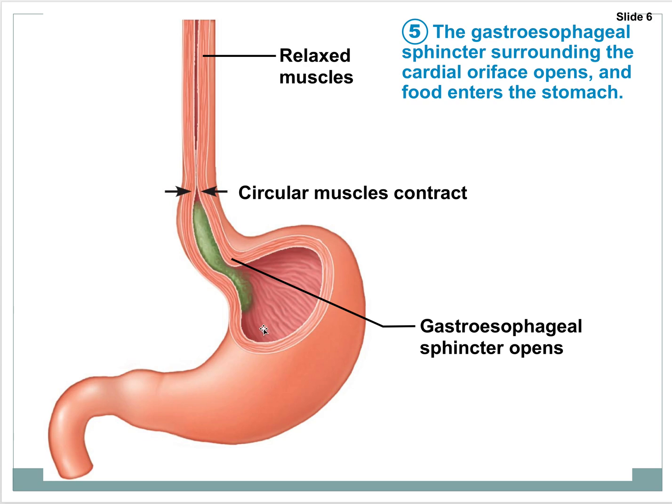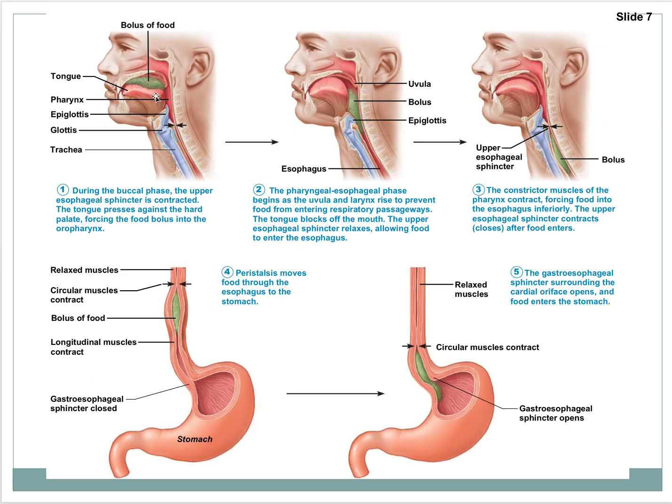And then hopefully the lower esophageal sphincter constricts immediately after that too, so that both upper and lower sphincters are constricted. So here's the whole process, starting in the buccal, pharyngeal, and esophageal phase, and we see peristalsis, this nice propulsatory movement, moving in a nice long wave, food as a bolus down to the stomach.